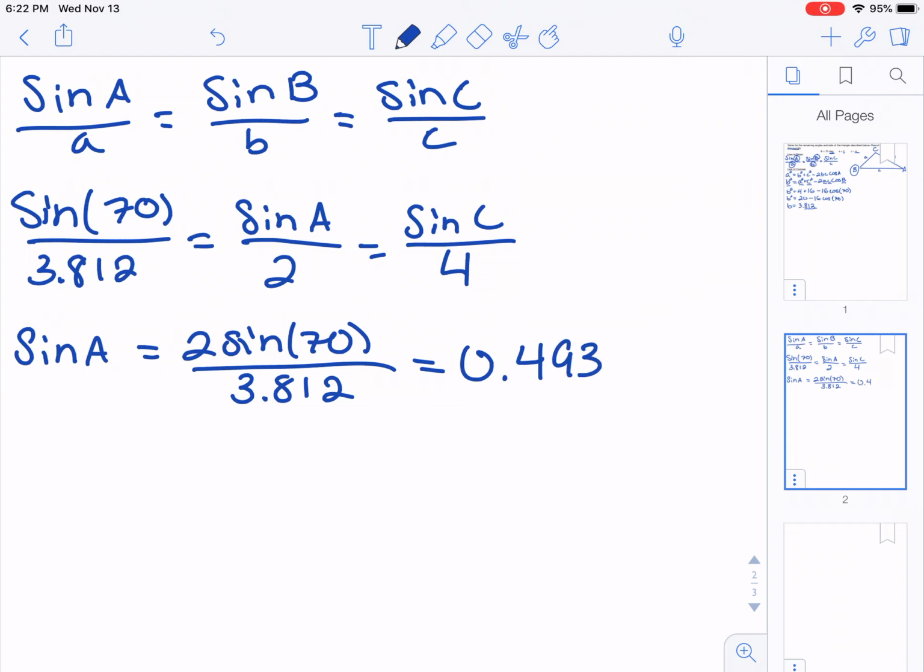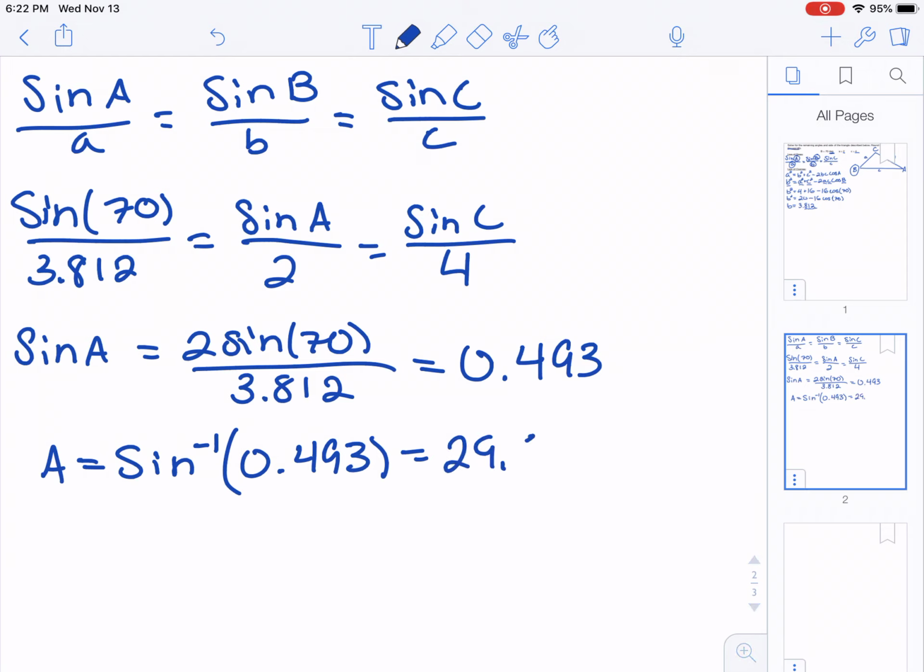Remember to keep it to those 3 decimal places, so we maintain accuracy. And then at this point, to get the actual angle for A, we're going to have to do the arc sine of this value. 0.493 spits out an angle A of 29.539 degrees.